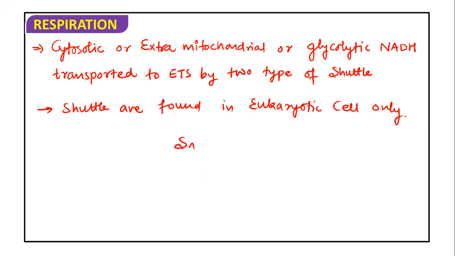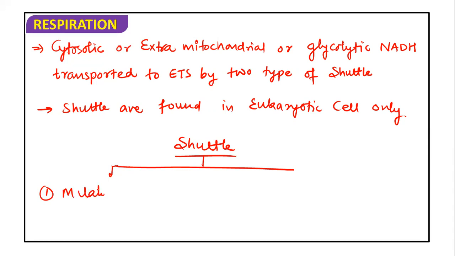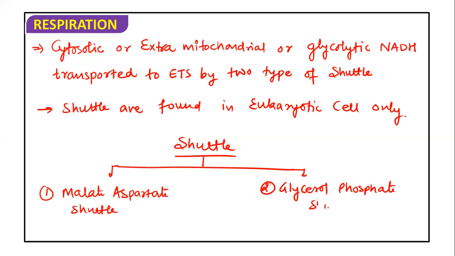It is known that the shuttles are of two types. The first type is the malate aspartate shuttle, and the second type is the glycerol phosphate shuttle.